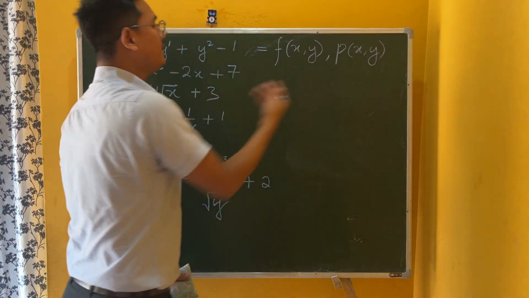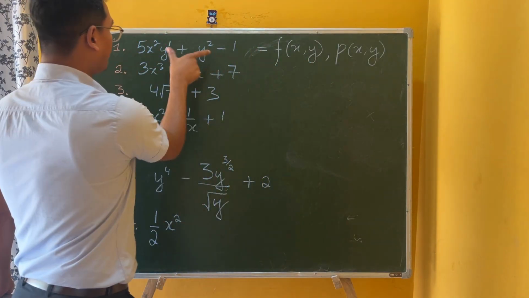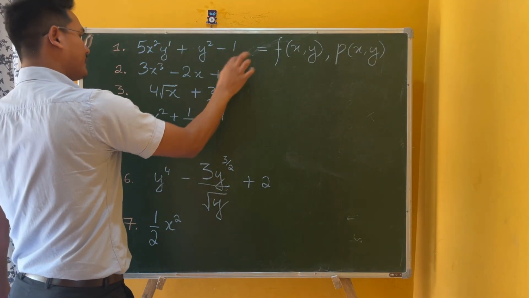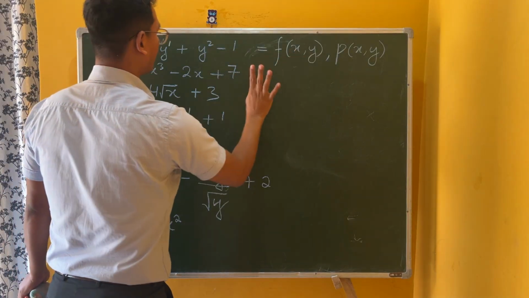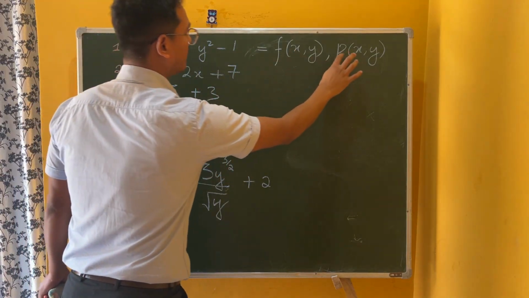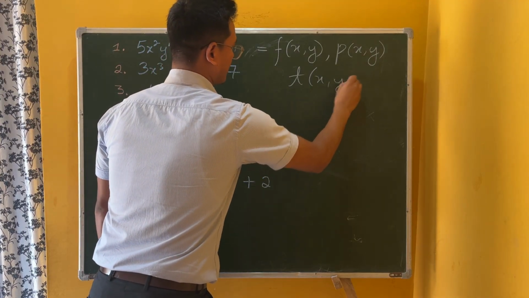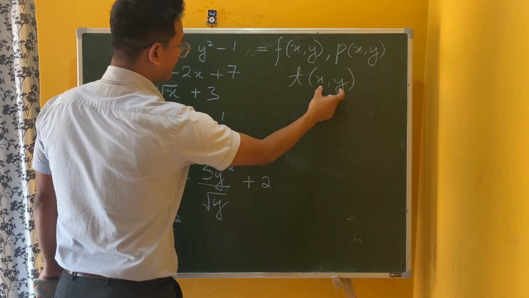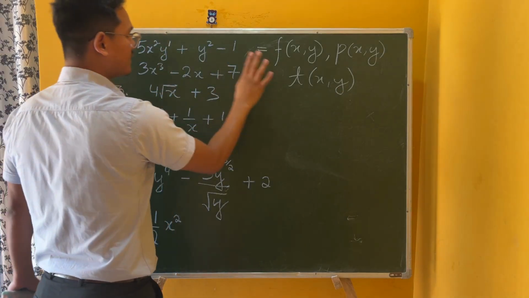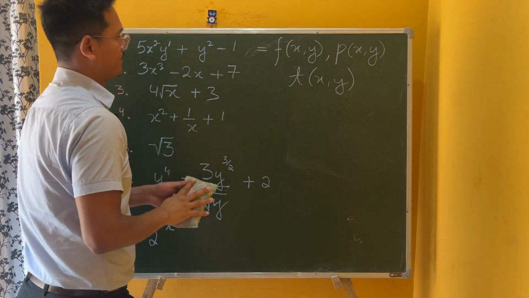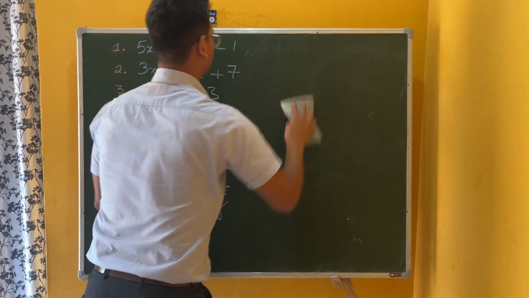These are just names for the polynomials. This entire expression is made up of x and y, that's what it's trying to say, or p of xy, or you can say t of xy. The variables inside the bracket mean that the expression is made up of these variables. So this is a polynomial.